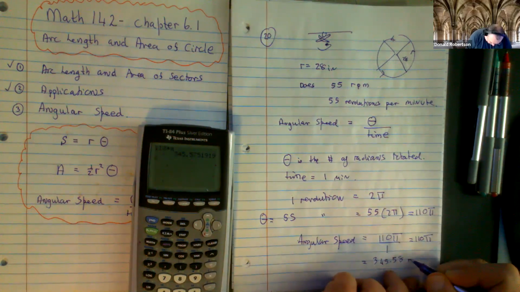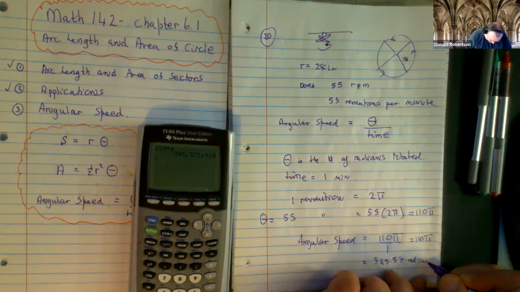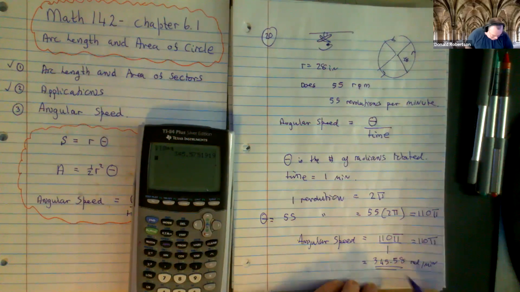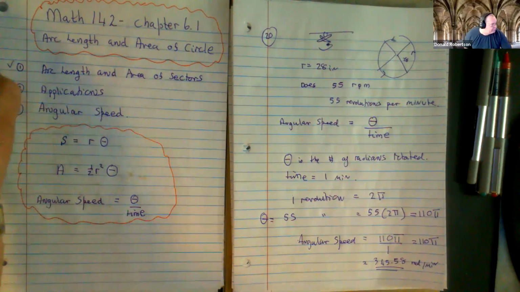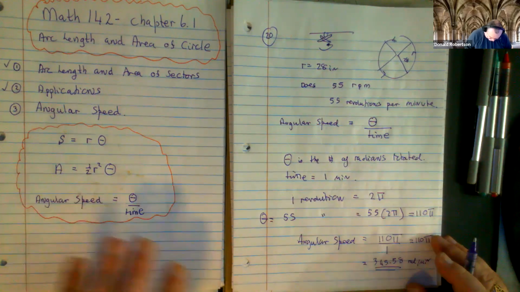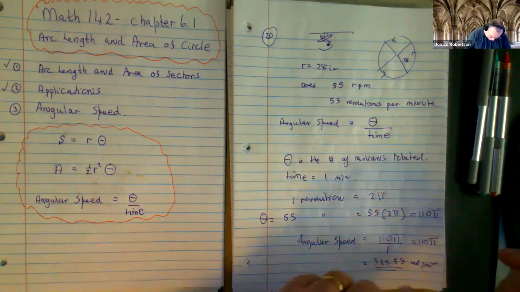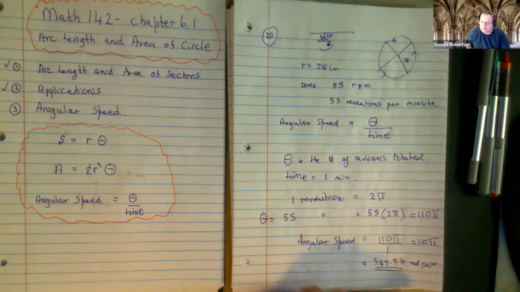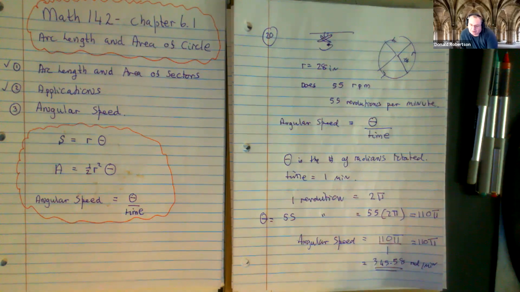And the units here would be radians per minute. So just bear in mind whether they want an exact value or a rounded off. Are we good with that?